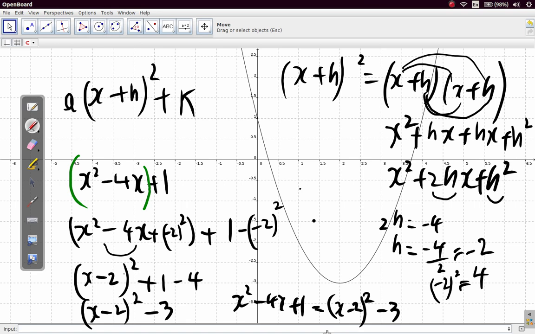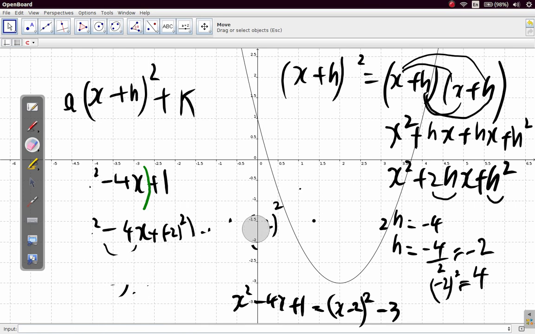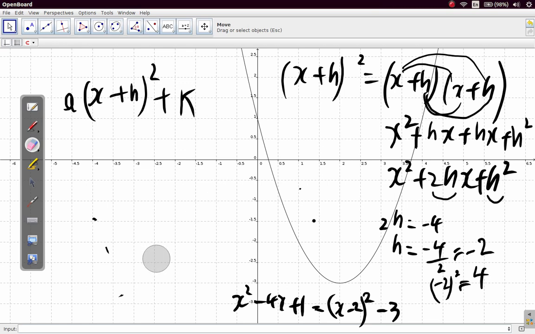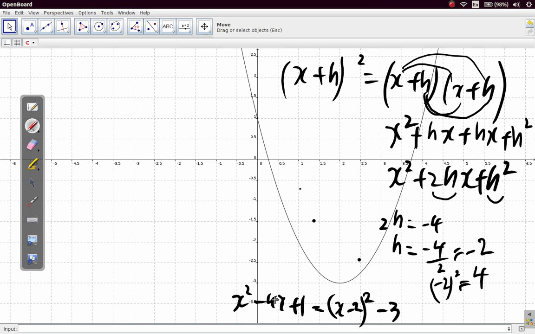Now before we actually examine the graph some more, let us just make a little check here. Suppose we expand out (x minus 2) squared minus 3. Would we get x squared minus 4x plus 1? Just to test it.